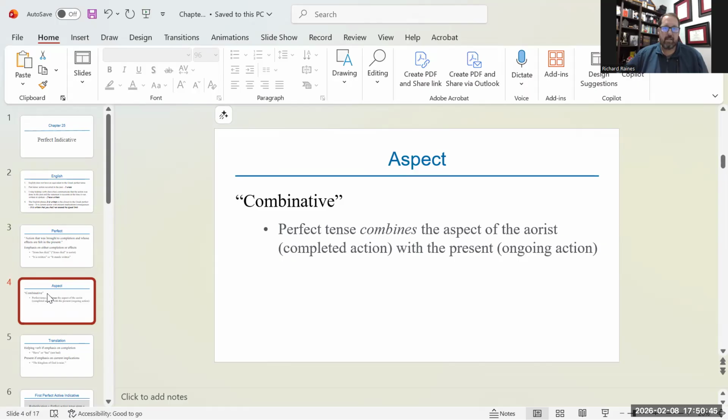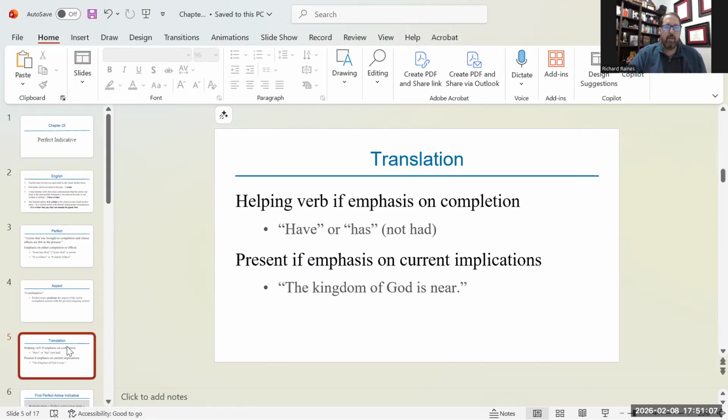The perfect tense combines, see, he's using the word combine, the aspect of the aorist, which is completed action, with the present, which is ongoing action. So if that helps you to remember, it may be easier for you to remember that word when it comes to translating than to try to remember some of the other things I've said.